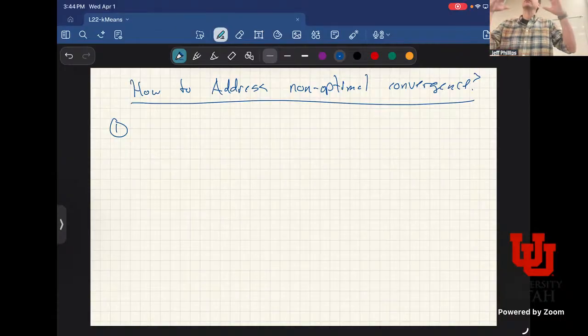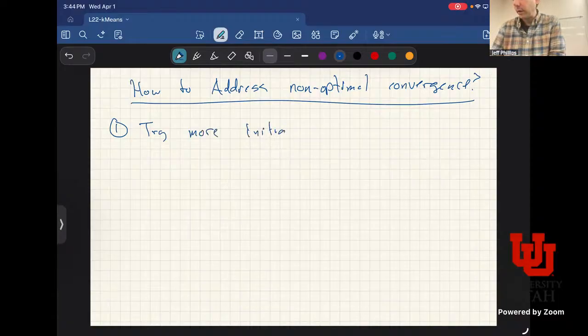So select which K points at what stage? Great. So try more initializations. Okay, and so if I just pick the same K points to start with, it's not going to work.